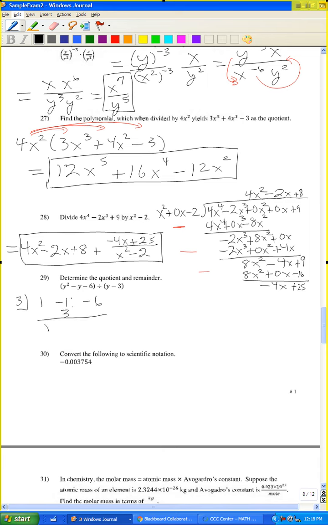Times 3 is 3, minus 1 is 2. Times 3 is 6, minus 6 is 0. So your answer is y plus 2. Well, maybe I'll say the quotient, because it asks you for quotient, is y plus 2, and the remainder, which is this term here, is 0.